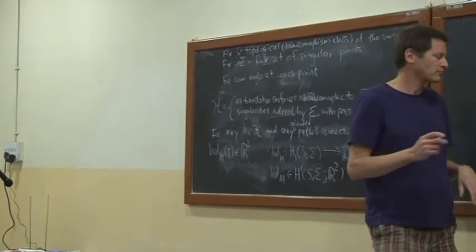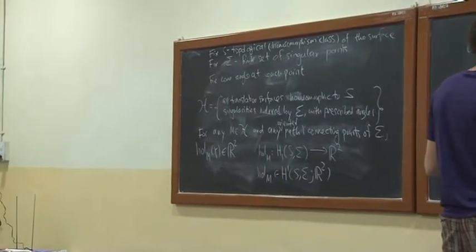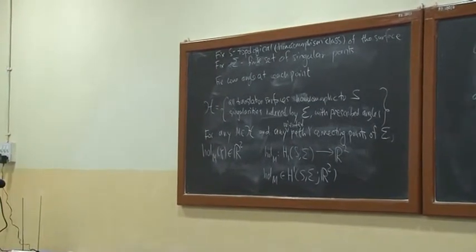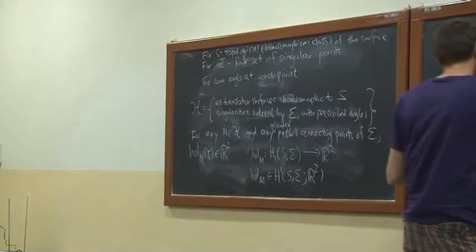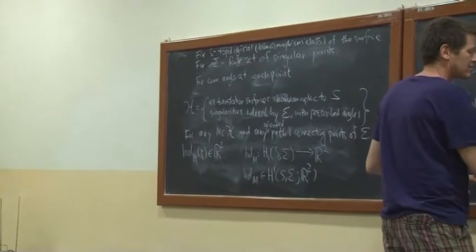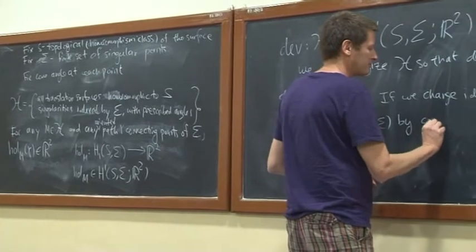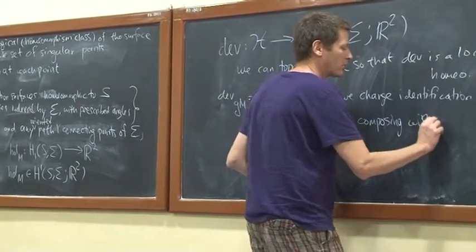Okay, so if we change the identification of M with (S, sigma) by composing with a homeomorphism.